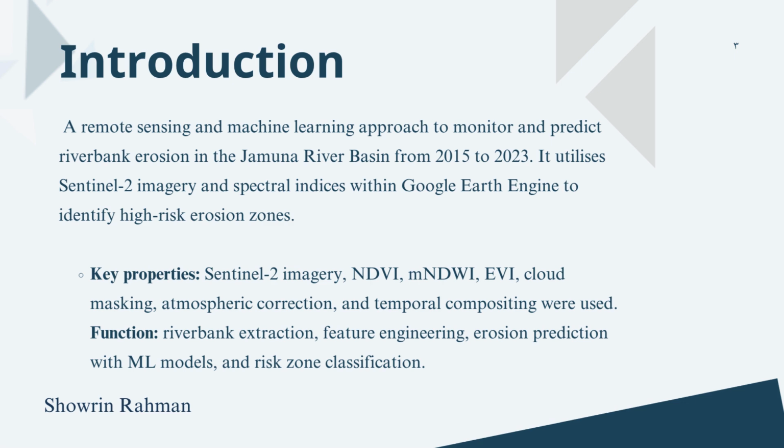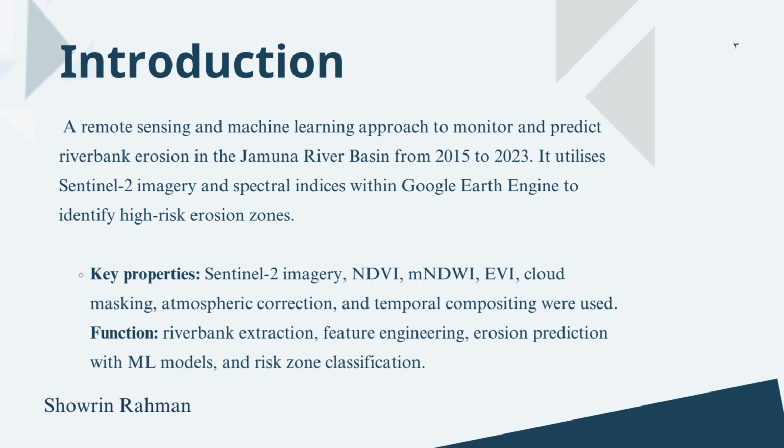We leverage the spectral indices NDVI for vegetation health, MNDWI for water body detection, and EVI for enhanced vegetation analysis, alongside techniques like cloud masking, atmospheric correction, and temporal compositing.